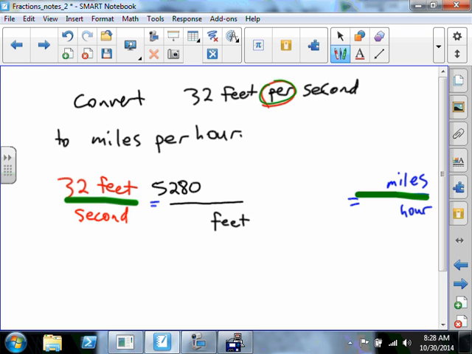When we do that, the feet in the numerator will cancel the feet in the denominator, but that 5,280 has got to go into the denominator, right? And what's going to go in the numerator? Well, let's not jump the gun. I want to set up a couple fractions because, how many? 5,280 feet are in how much? Are in 1 mile. So notice how my units of mile are going to be in the numerator.